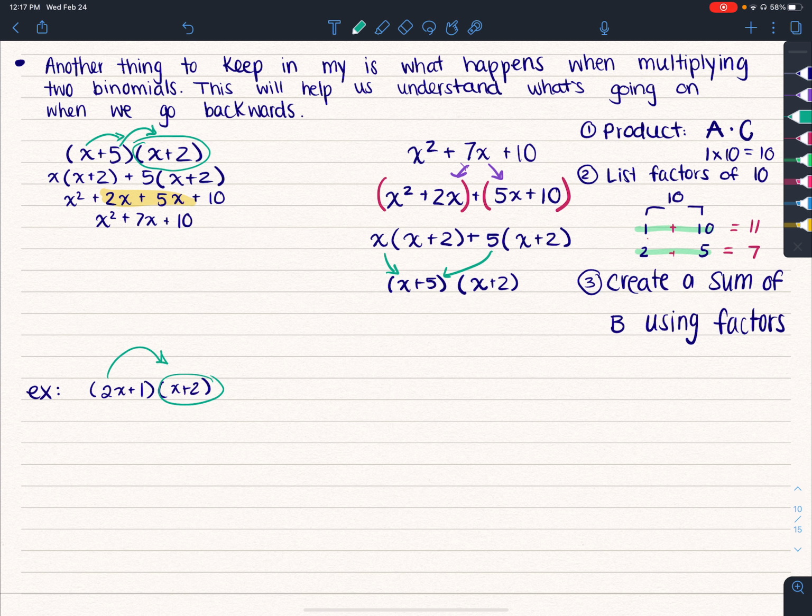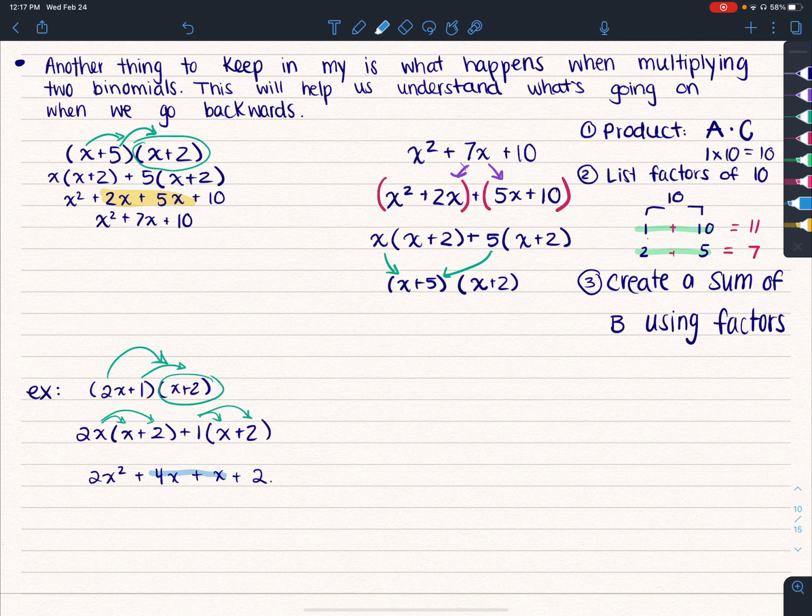So we're distributing each term to the entire second bracket, 2x times x plus 2 plus 1 times x plus 2. X squared plus 4x plus x plus 2.